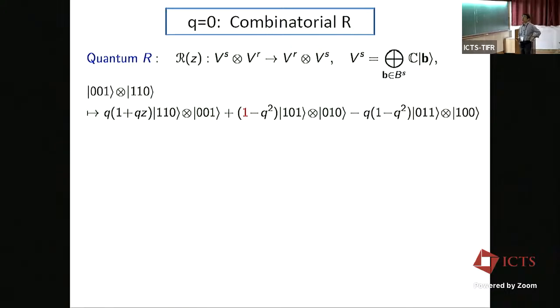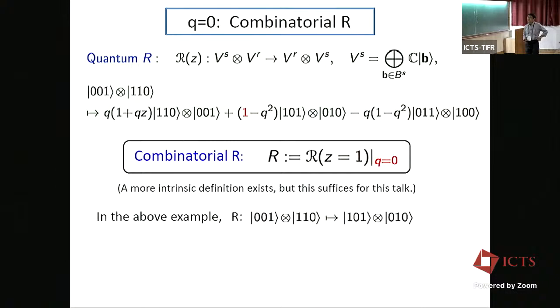That's called combinatorial R. Remember that the quantum R matrix is a linear operator depending on Q and Z acting in this manner. And here I picked one example. If you specialize Q to 0, exactly one term with coefficient 1 remains on the right-hand side, in red.